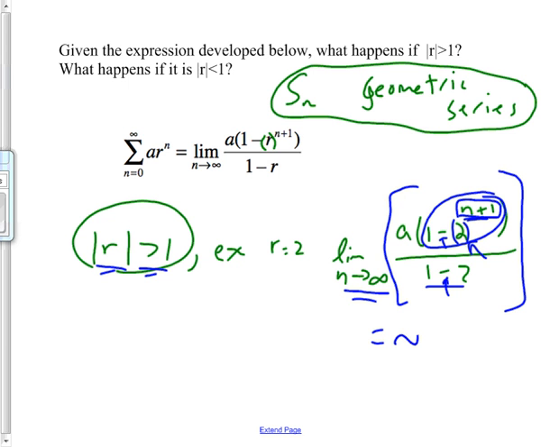So this would equal infinity. Or, in other words, if the absolute value of r is greater than 1, we know that s sub n is going to diverge, because we'd be raising some number greater than 1 to an infinite power. So a number greater than 1 to an infinite power approaches infinity.